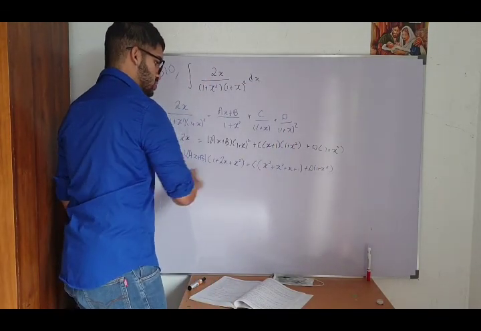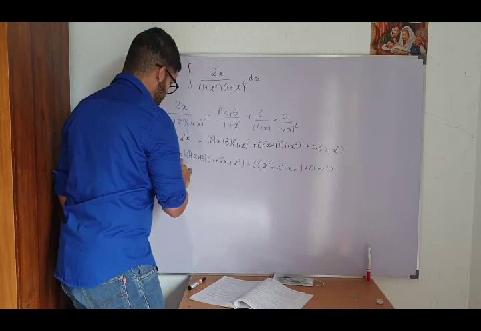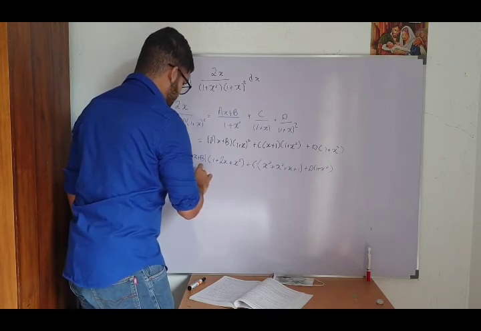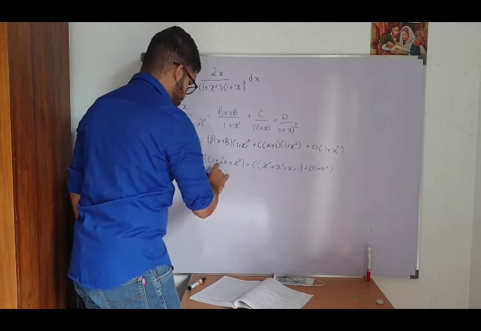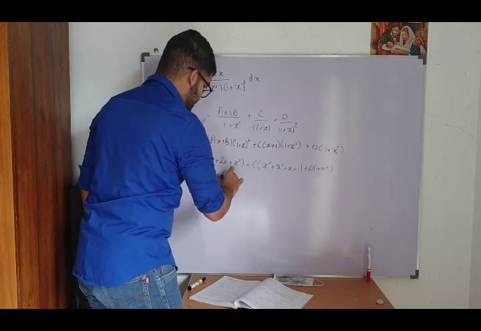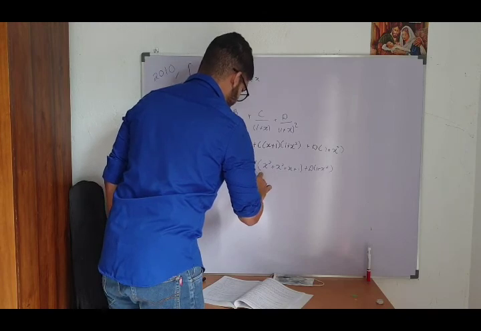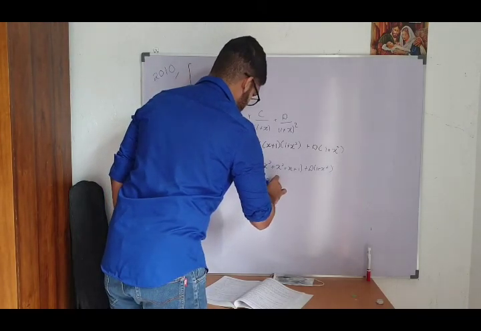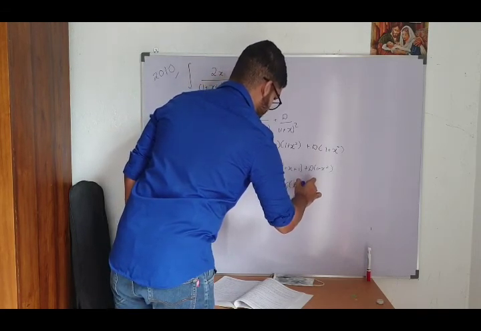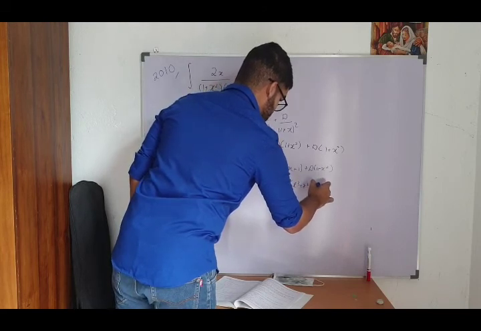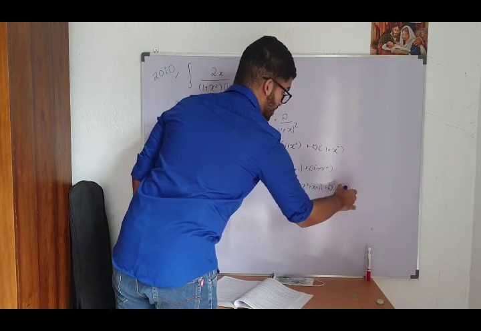So now that you have solved up to here, we should solve this one too. So 2x is equal to ax plus 2ax squared plus ax cubed, plus b plus 2bx plus bx squared, plus c times (x cubed plus x squared plus x plus 1), plus d times (1 plus x squared).